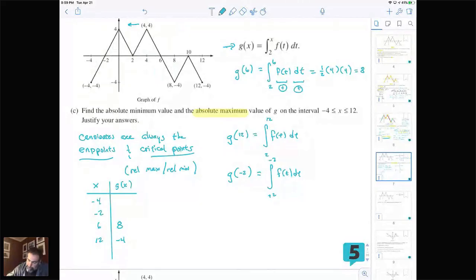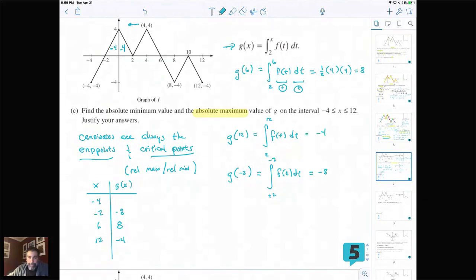So as I move to the left, this triangle here is going to be an area of 4, but it's moving to the left and above. Left and above means one positive, one negative. That's going to be negative 4. I'm going to keep going back to negative 2, still moving to the left. That's going to be negative 4, which means when I find my output for this, I'm going to get negative 8. Okay, so that should be negative 8 there.